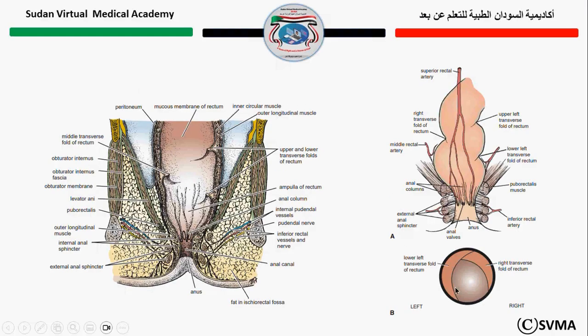This is how you see it from inside. If you do sigmoidoscopy or colonoscopy, you see the folds like that. This is the right and this is the left.